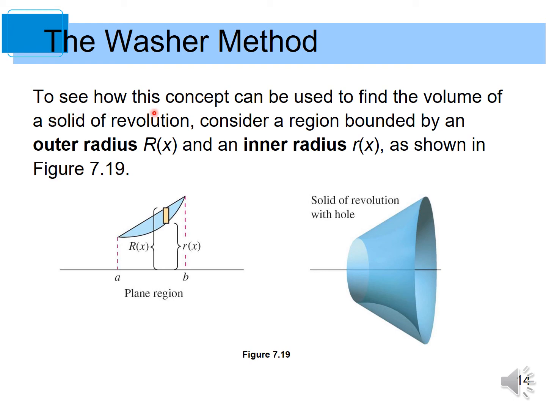To see how this concept can be used to find the volume of a solid of revolution, consider a region bounded by an outer radius big R and an inner radius small r. So look at this plane region. Actually, this plane region is formed by the straight line and the quadratic curve.